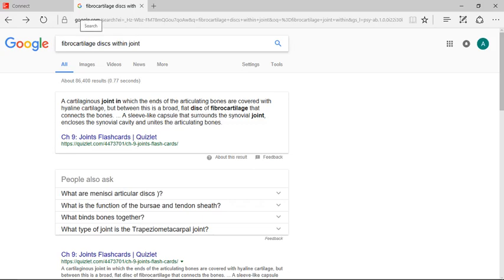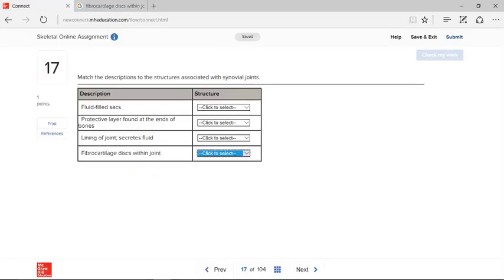A sleeve-like capsule that surrounds the synovial joint and closes the synovial cavity and unites it. Okay. Fibrocartilage is a type of... Okay. So that makes sense. Because fibrocartilage is cartilage, and so cartilage is articular, you know. It's going to articulate or be connected to the bone.